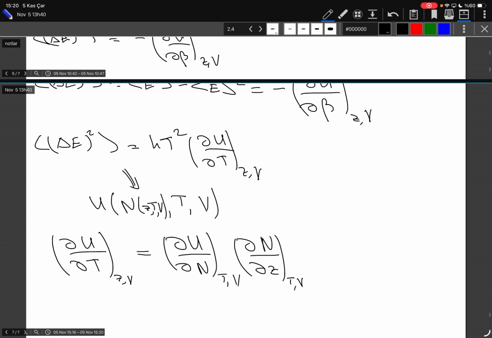The other temperature dependence is the explicit temperature dependence, plus del U by del T at constant N and V.